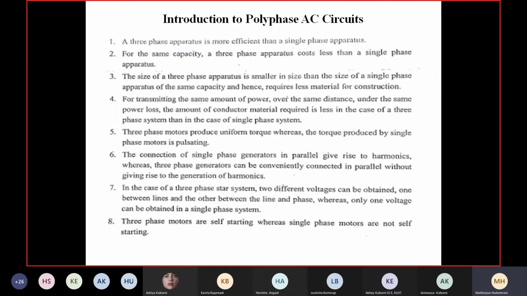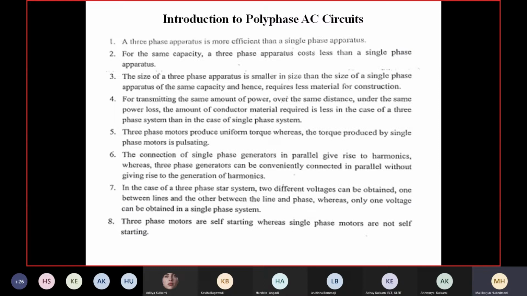Harmonics are nothing but deviations in the frequency, distortions in the waveform, which cause loss. That kind of harmonic injection into the system is very negligible in a three-phase system when generators are put in parallel.